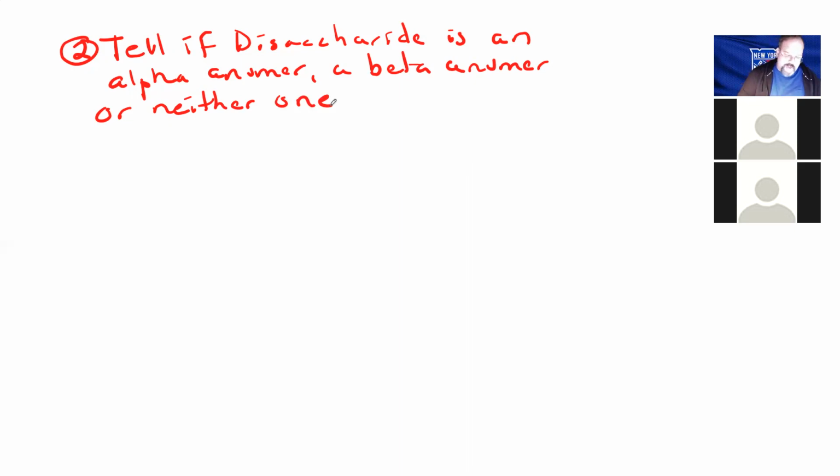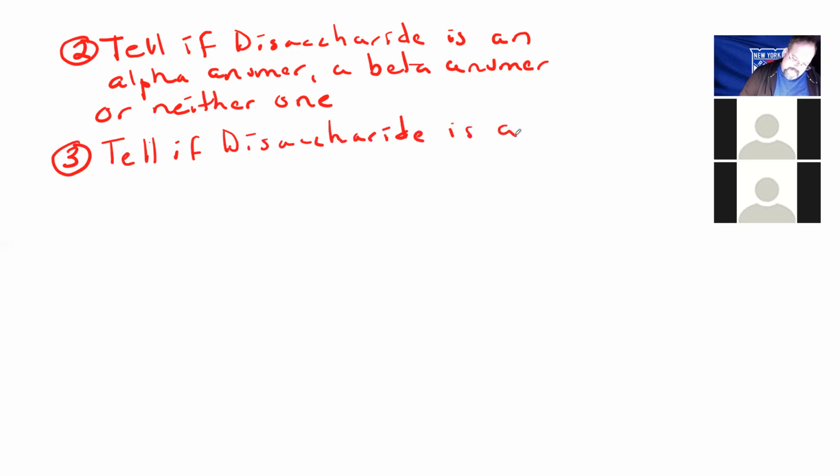And I'm going to mention the third thing as well, because as you saw in the notes, these 2 things are actually intertwined. Tell if the disaccharide is a reducing sugar or not.